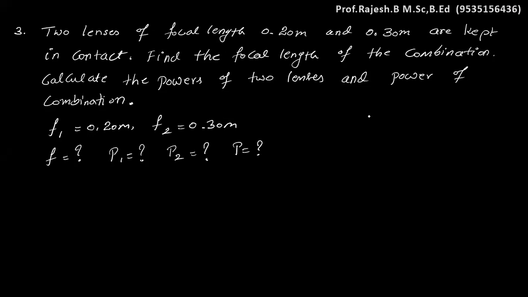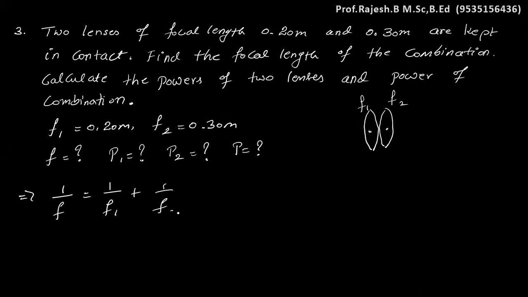Okay, when two lenses are in contact, we have derived the formula, right? So focal length F1 and F2. The equivalent focal length becomes 1 by F is equal to 1 by F1 plus 1 by F2. So substitute all the values here.